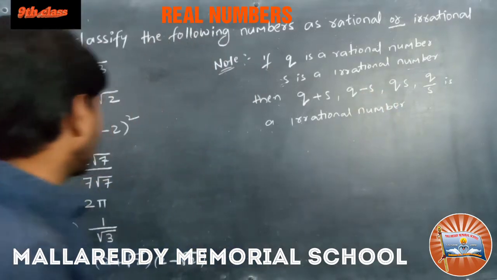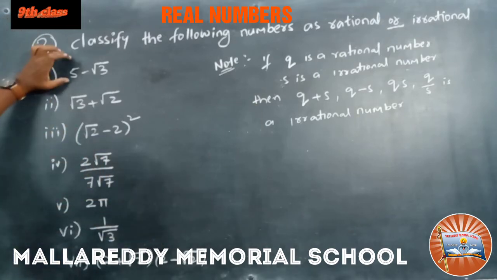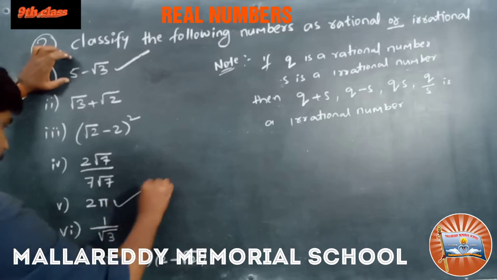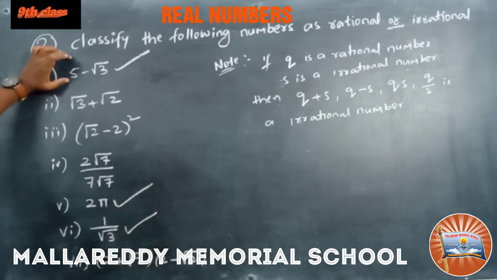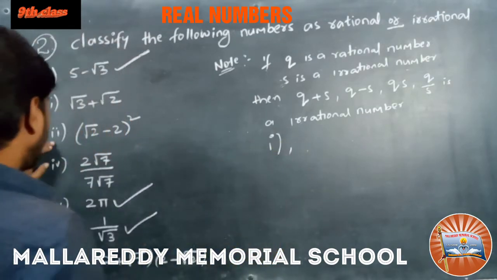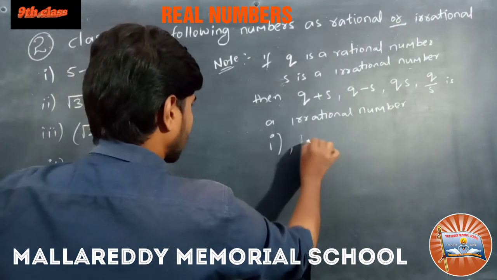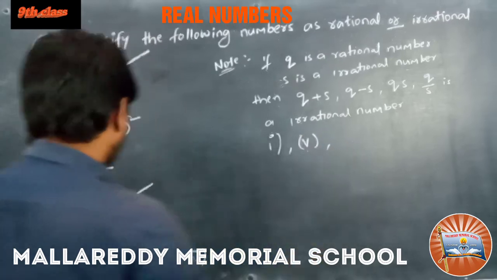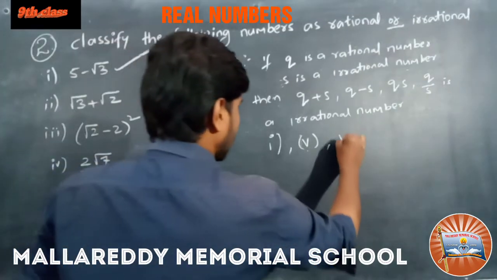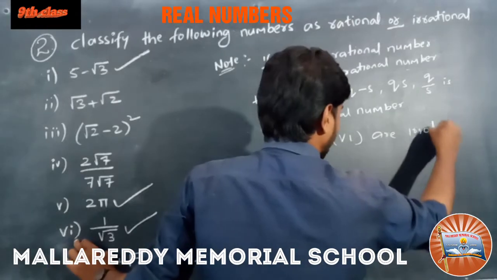So by using this note, the first one, the fifth one and the sixth one are irrational numbers.